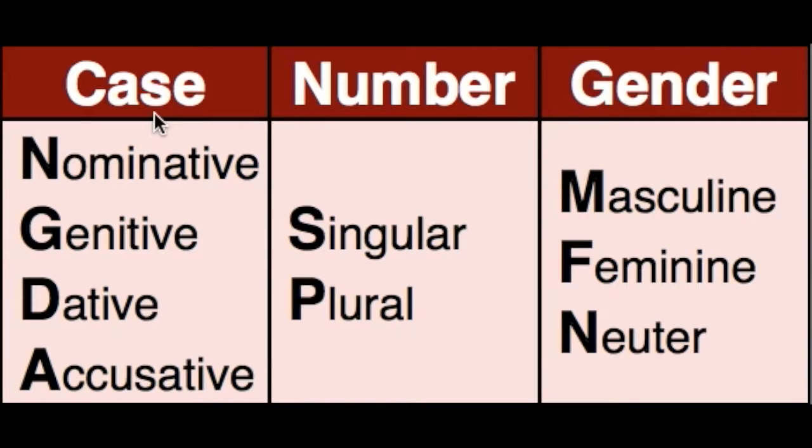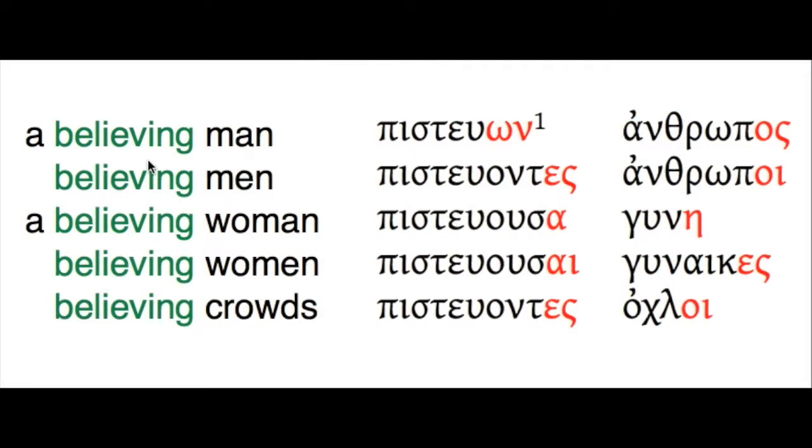So, no surprise, there will be 24 forms of every participle. So, in English, just "jogging," right? Jogging man, jogging woman, jogging children, jogging anything. But in Greek, we'll find that the participle will change its shape to match the case, number, and gender of the noun or the substantive to which it is attached. Briefly to show you this, notice in English, it's "believing" all the way down.